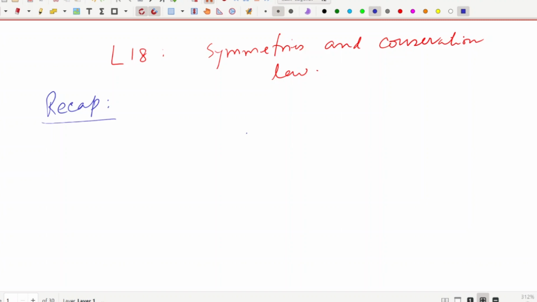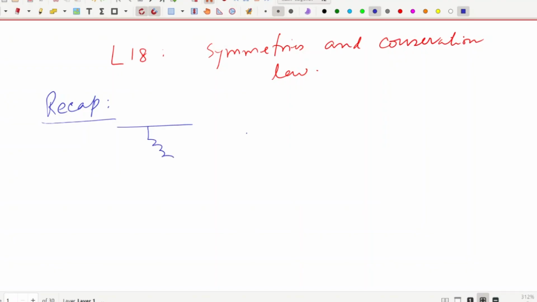In the last lecture, the last class was a tutorial class, and towards the end we had to hurry because of time. Let me recap that problem. We were discussing two problems. One was the pendulum with the spring, not with the string.